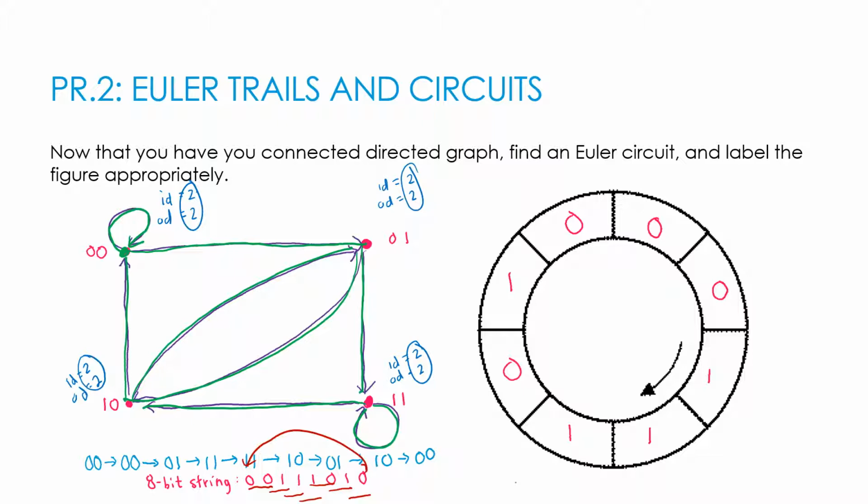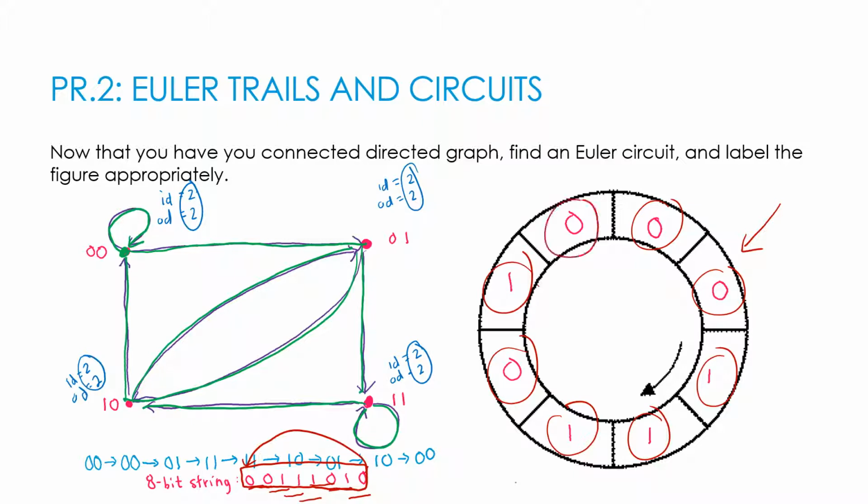So this guy right here, my 8-bit string, I could put on here in any order. So I started here, 0,0,1,1,1,0,1,0. That's where I started.